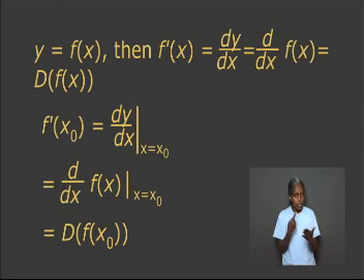This equals d by dx of f of x at x equals x naught, which equals d of f of x naught. Make sure that you remember these methods of writing derivatives, students.